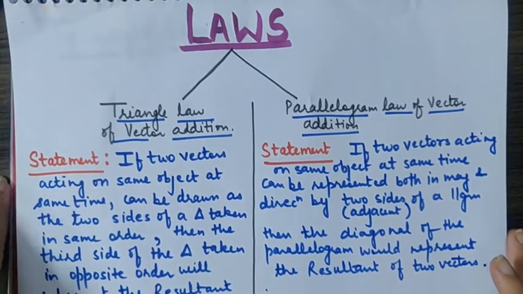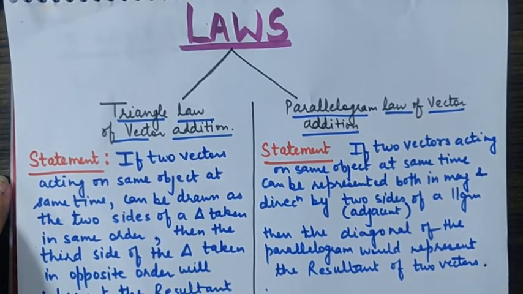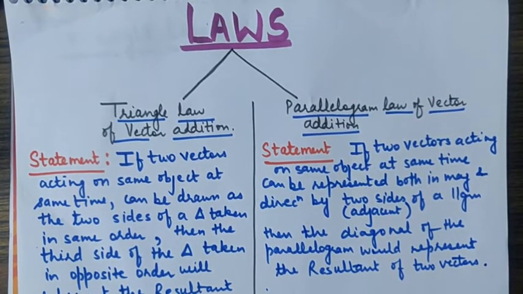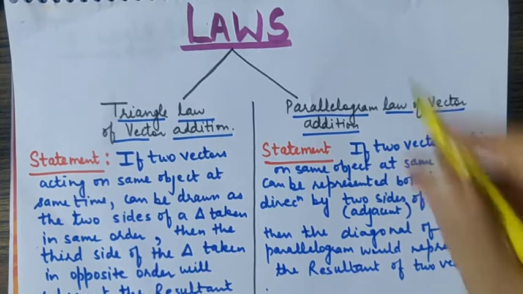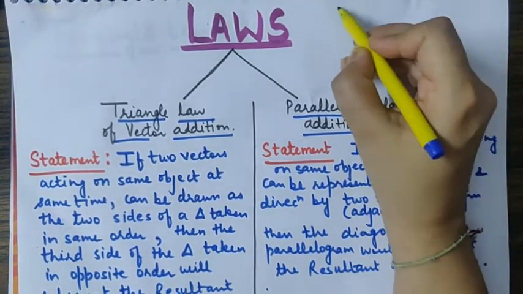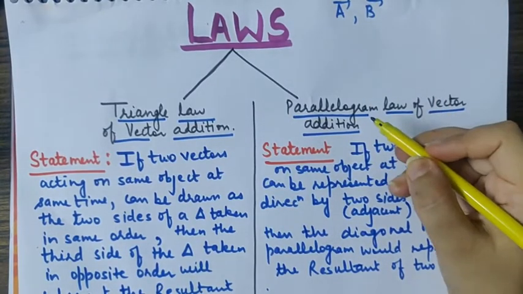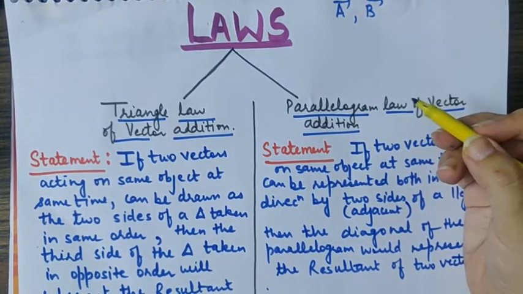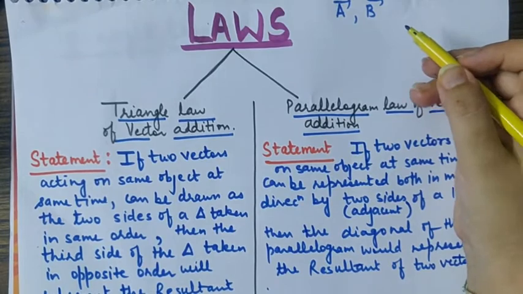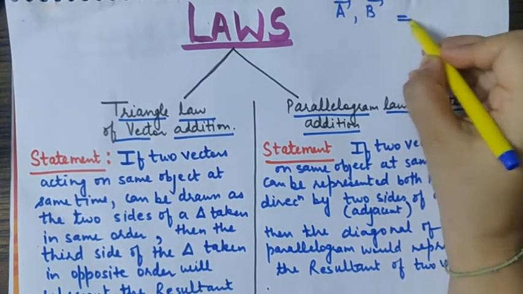Hello dear children, in this video we'll discuss the two laws of vector addition. Basically, if we have two vectors, suppose they are A and B, acting on the same object at the same time, and we need to add them, then what will be the symbol?